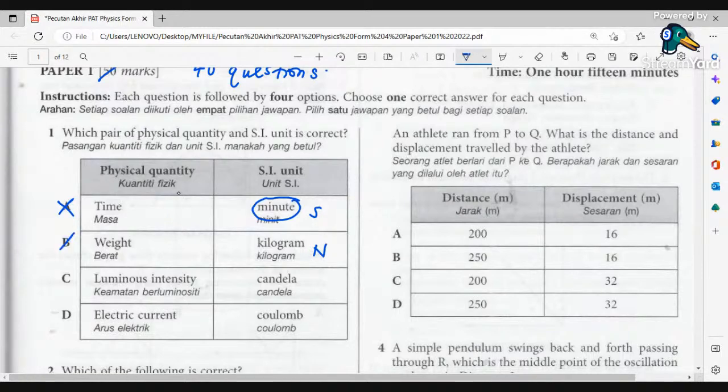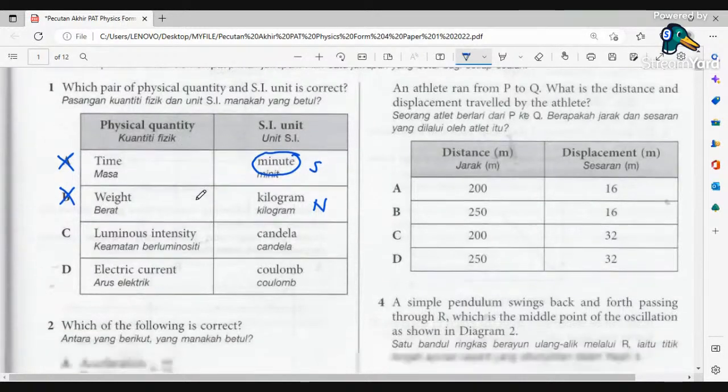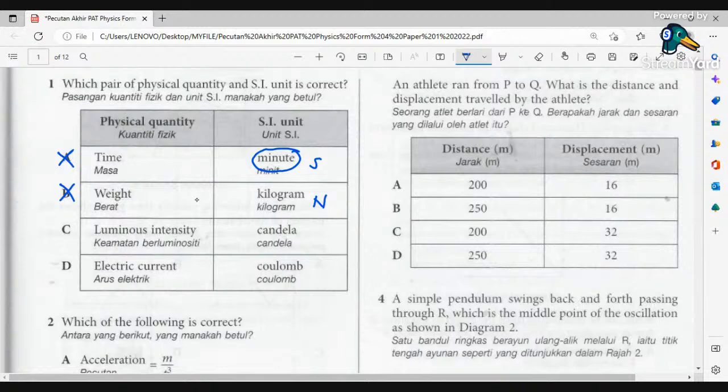So this is not the answer. Luminous intensity, candela. Yes, this is correct. Electric current, coulomb, no, should be ampere, not coulomb. So the answer should be luminous intensity, candela.